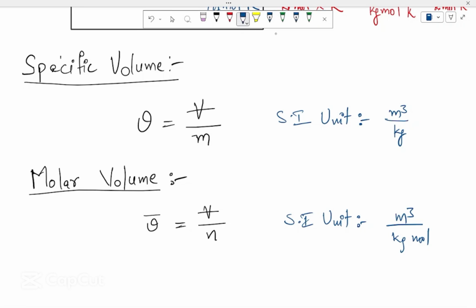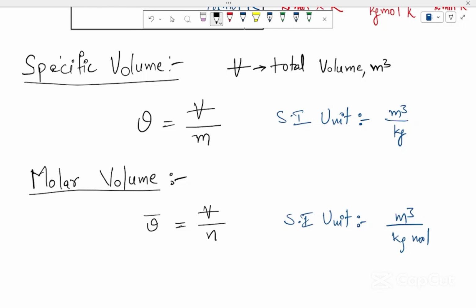Here V is nothing but your total volume. I show V with a dash to represent that it is a capital V, and the small v is written like this.